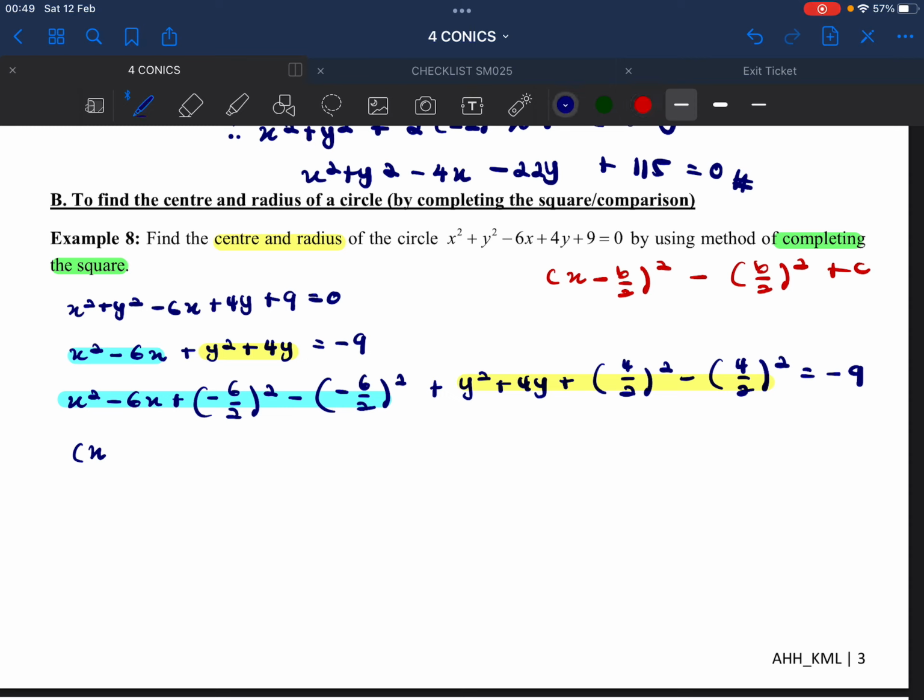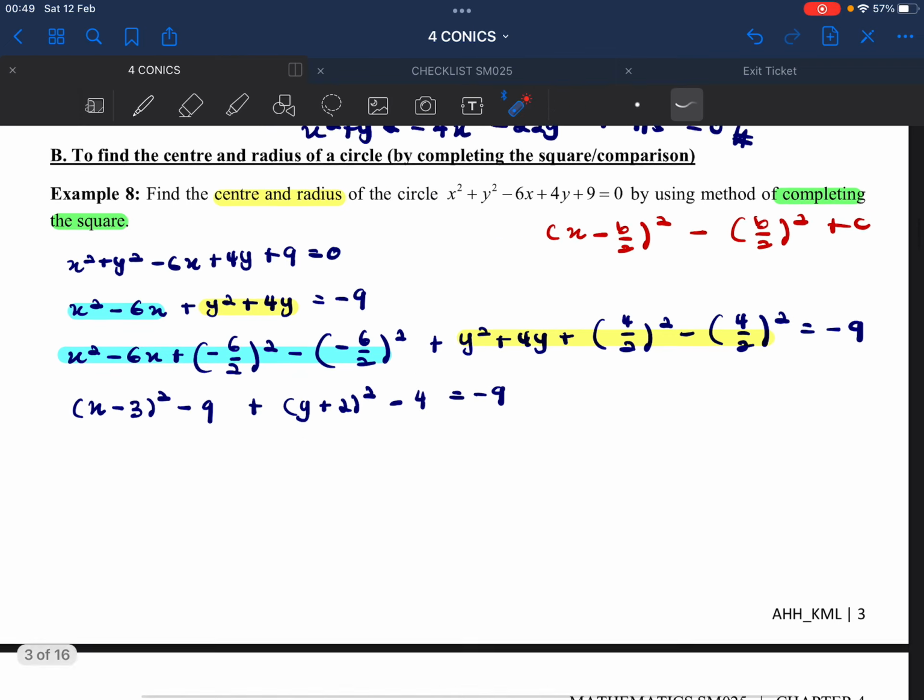So here we have x minus 3 squared, and negative 6 over 2 squared is 9, so we have minus 9 there, plus y plus 2 squared minus 2 squared, which is 4, equals negative 9.